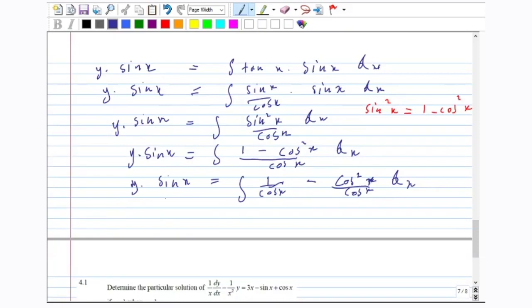So therefore we are going to have the integral of sec x minus, this will divide, so we'll be left with cos x there, dx. Then we have y multiplied by sine x, okay? So that's what we are having at the moment.